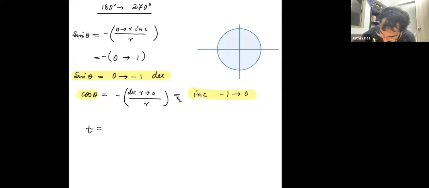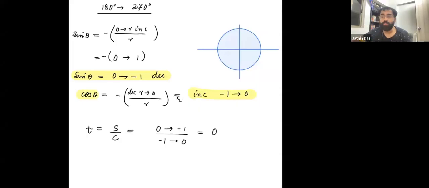Now, tan is sine upon cos. That is 0 to minus 1 and minus 1 to 0. 0 by minus 1 is 0. Now, here sine is negative and here cos is also negative.